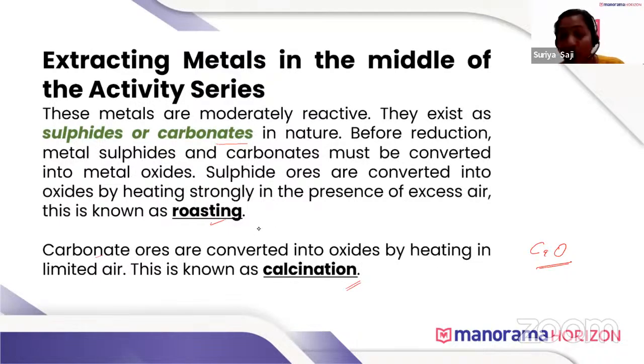Similarly, roasting, like we make different kinds of roast in the kitchen, is in the presence of oxygen only. That's how we can differentiate them. The same is applied in the concentration or purification of metals also.